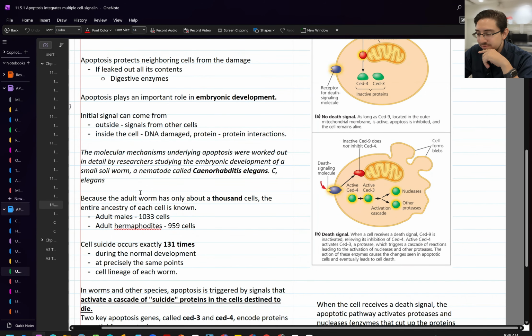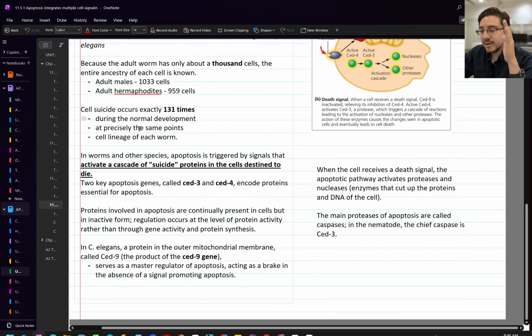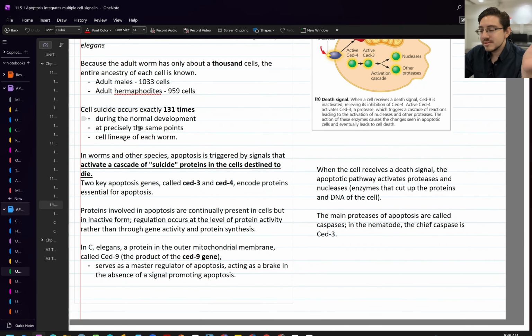It depends on the cell type, the animal type. So adult males have 1,333 cells. Adult hermaphrodites have 959 cells specifically. So scientists were able to figure out that cell suicide occurs 131 times during development of C. elegans, at very specific points in very particular cell lineages.